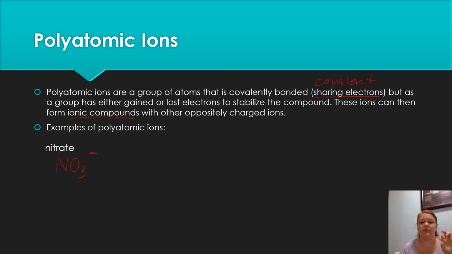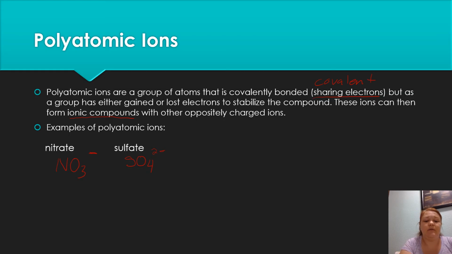So if nitrogen brings 5 valence electrons and each oxygen brings 6 valence electrons, we could add all that up, but then we get an extra 1 because of that charge. So that's the nitrate symbol. Sulfate is SO4, so a sulfur and 4 oxygens, and it has a 2- charge. That means that 2 electrons have been added to that chemical.